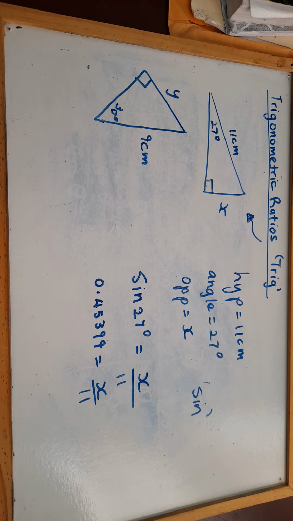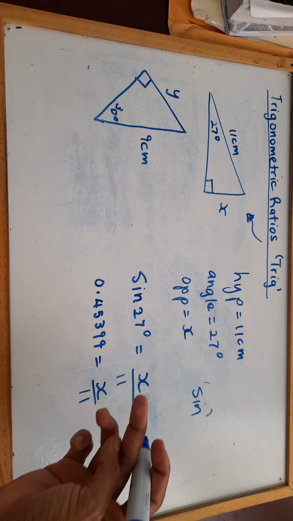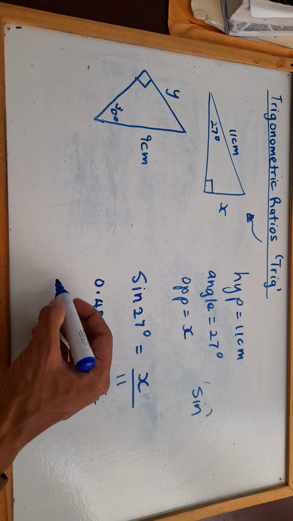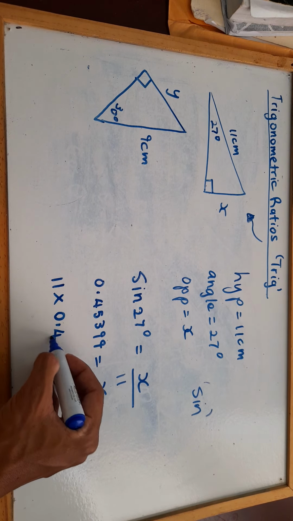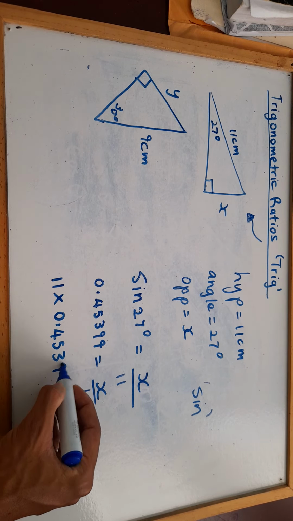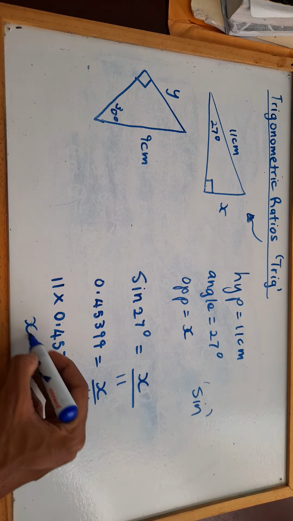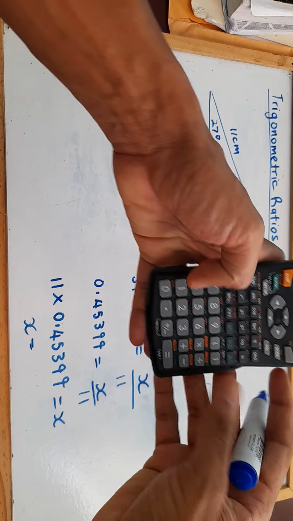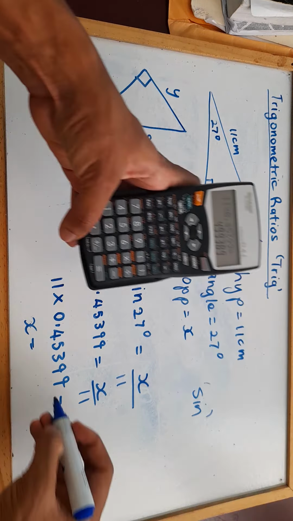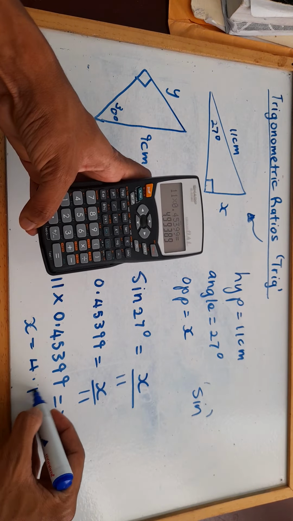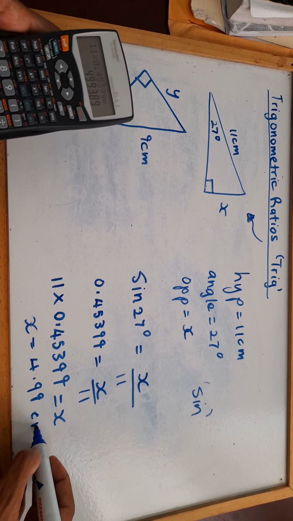Now I'm going to solve for x. Again, transposition: you carry over the 11, as some would say, and it's division over here, so when you carry it over, it becomes 11 times 0.45399 is equal to x. Therefore, x is 4.99 cm.